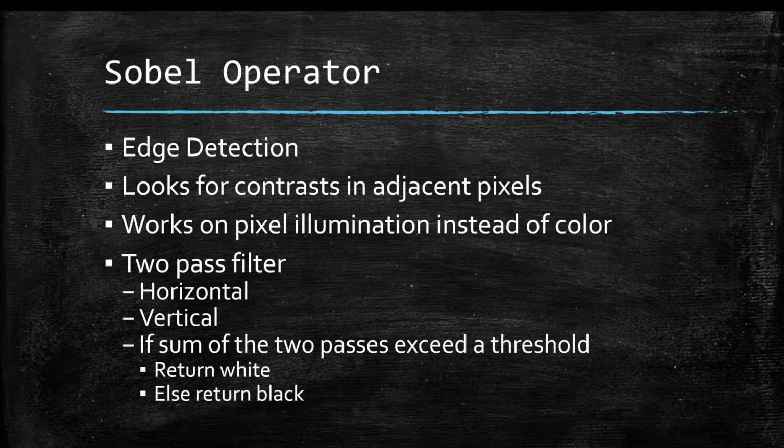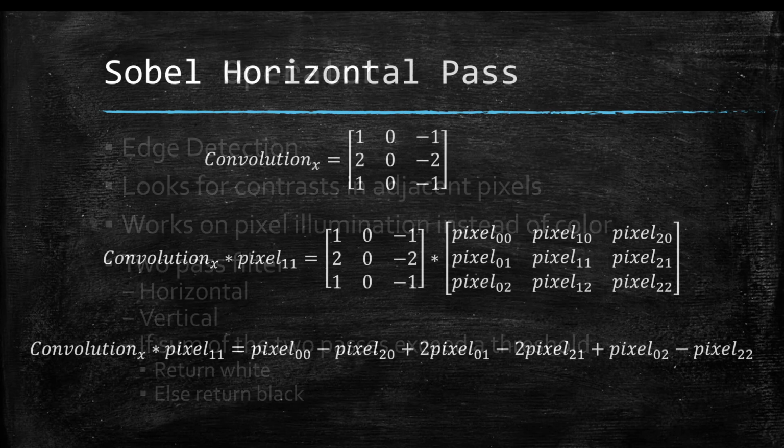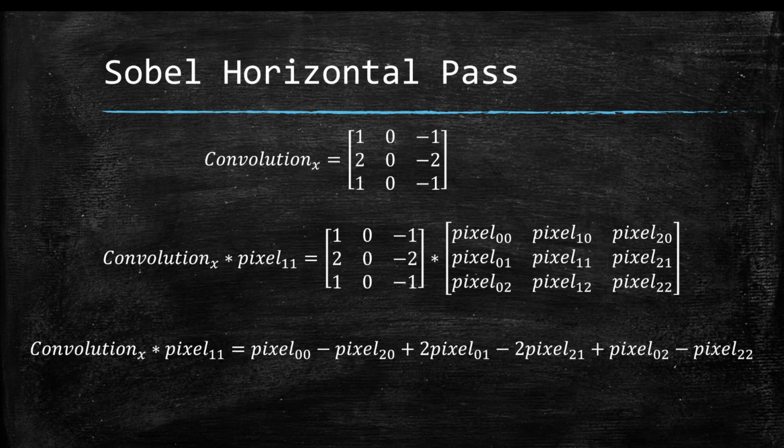Just as a reminder, the Sobel operator is a two-pass filter. It first does it horizontally, and then it does it vertically. It's the sum of those two passes that decides, okay, is this pixel going to be white or is it going to be black? If we look at the horizontal pass, here is our Sobel operator. It's a 3 by 3 matrix, and it looks like this crazy thing.